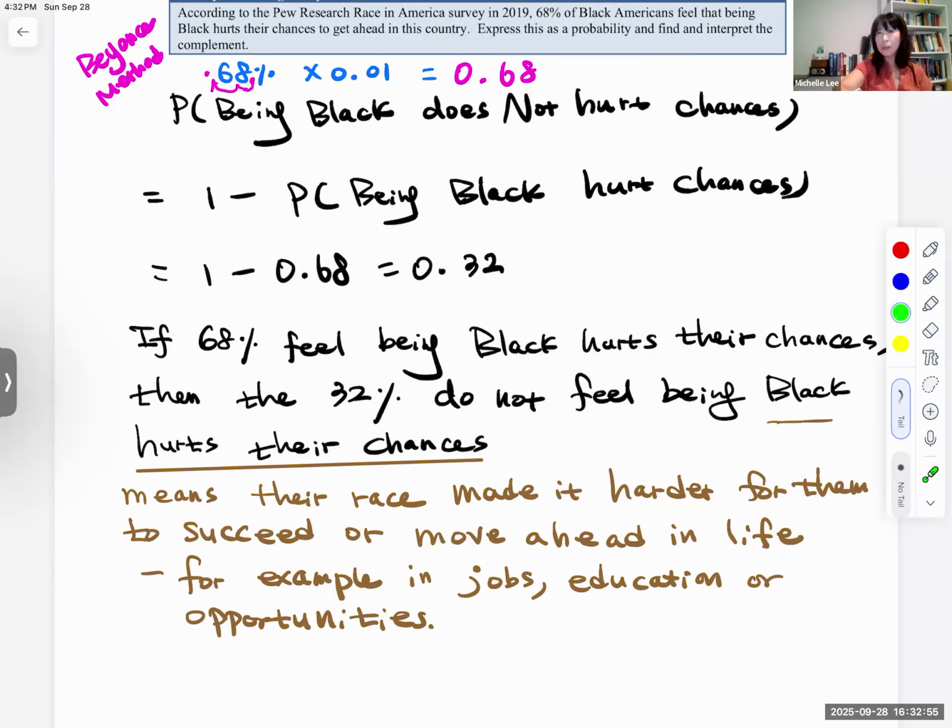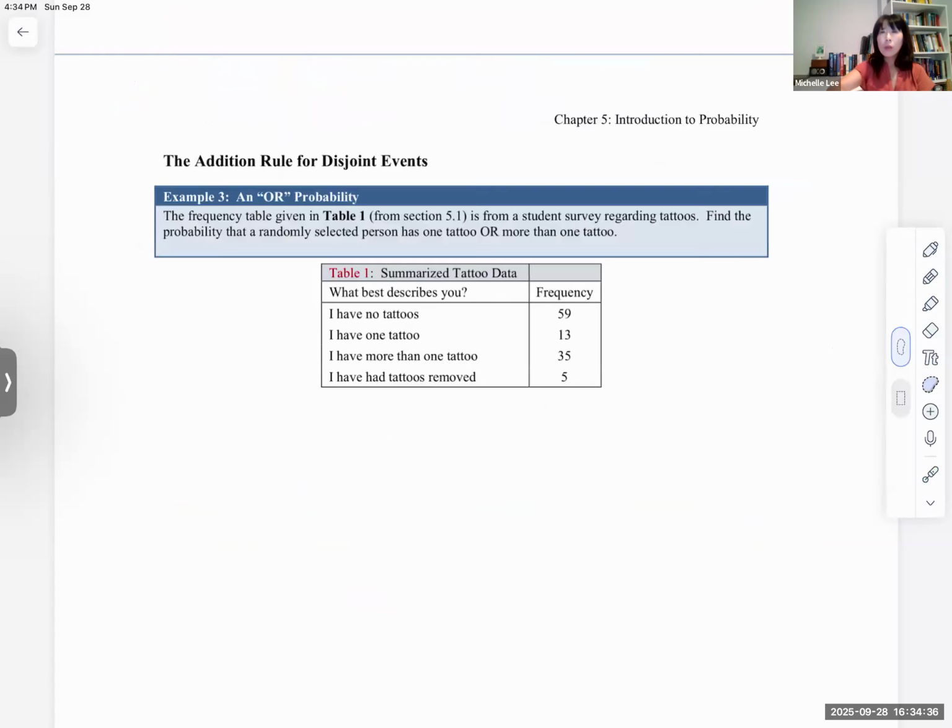New concept. Okay, so we have this question, example 3. We have a table. We want to find the probability that a randomly selected person has one tattoo or more than one tattoo.